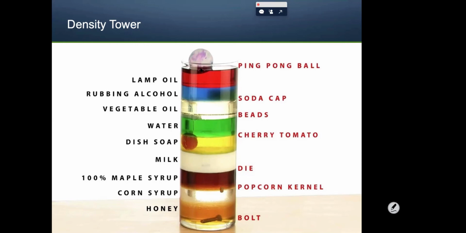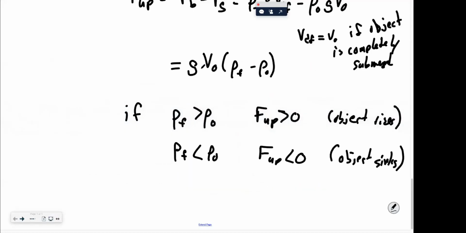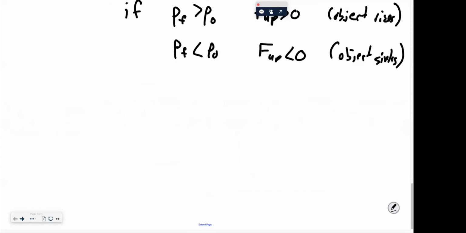Okay, let's do another example. Okay, let's think about some other things. How much will an object weigh in a fluid?